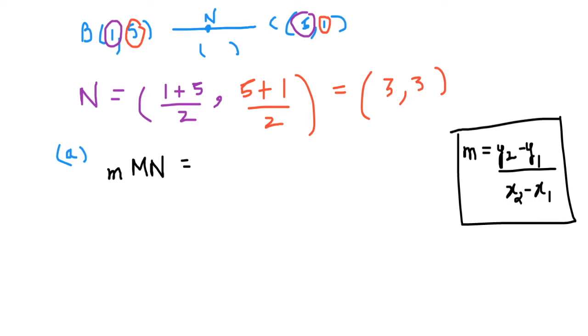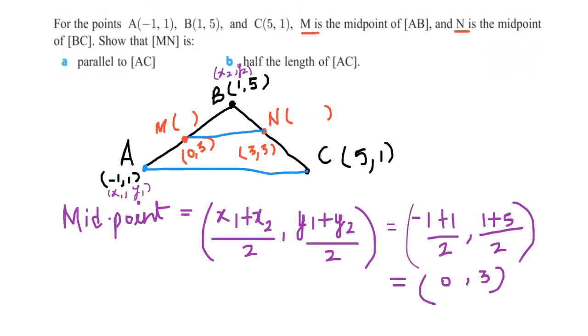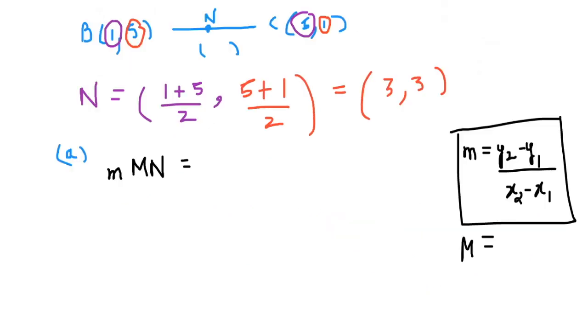So using this formula, we're going to find the gradient of MN. I have the coordinates of N here already, and I just have to note down the coordinates of M. The coordinates of M when we solved initially were (0, 3). So our M is (0, 3), and N is on the same page here, which is (3, 3).